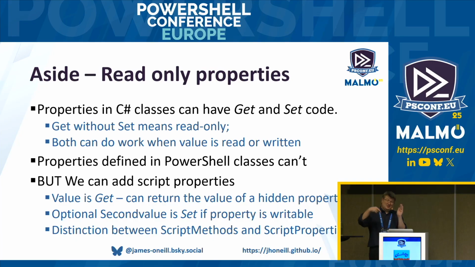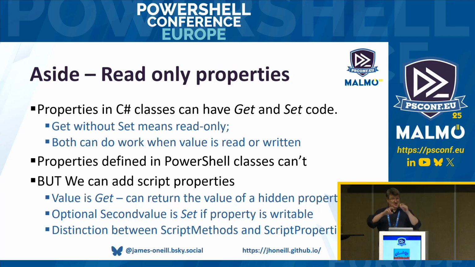And if you want to do something when a property is set, there's a second value in the add member or update type data command, and the second value is the set. The value is the script block for the first one. Now, script properties will go and get something when we need them.